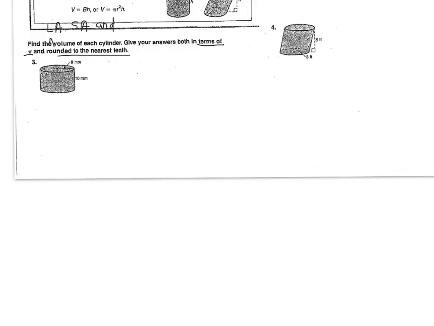So first of all, here I need to know the circumference, because in prisms I need the perimeter, but in cylinders I need the circumference. And the formula for the circumference is what? 2 pi r.